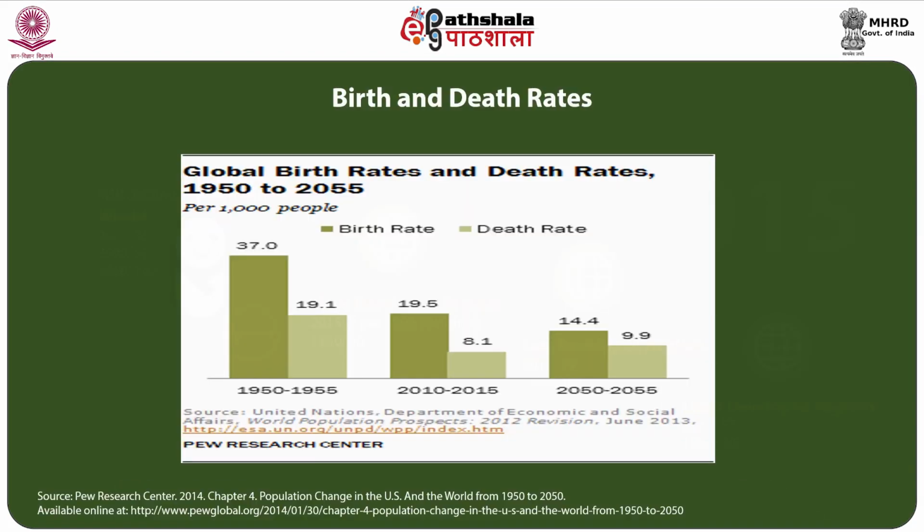If you look at the global birth rates and death rates during the period 1950 to 2055, the data clearly shows that the birth and death rates, no doubt, are going to come down significantly, but the reduction in the birth rate is not to the extent seen in the case of the death rate.